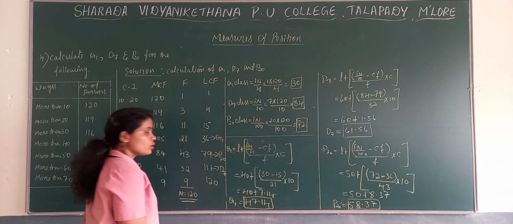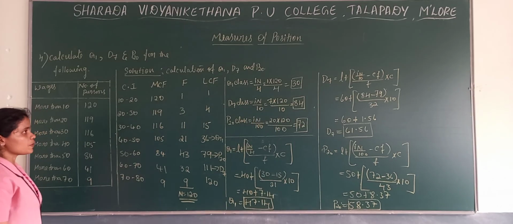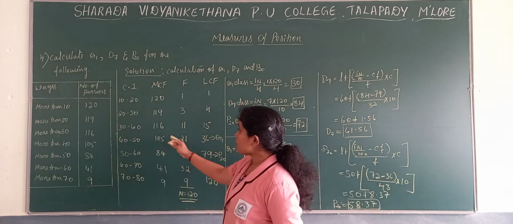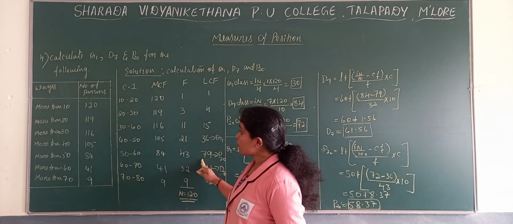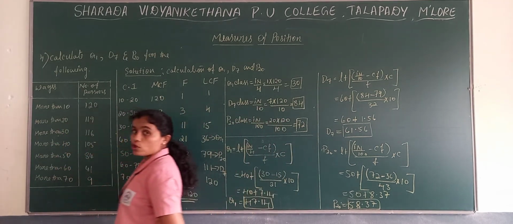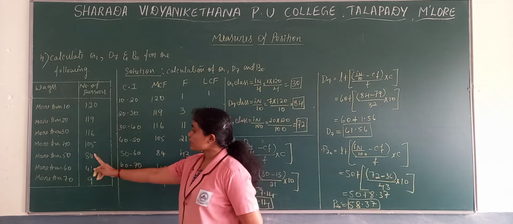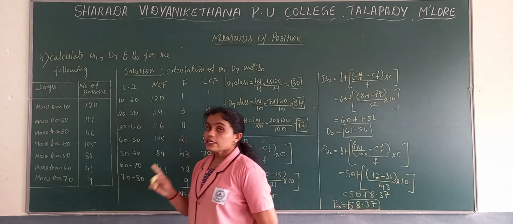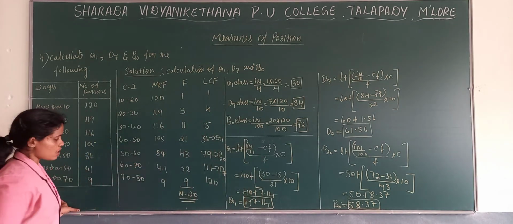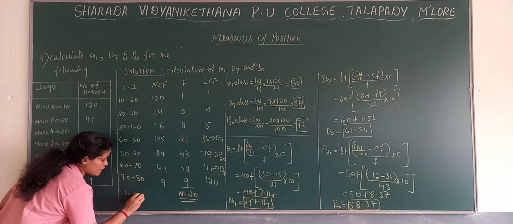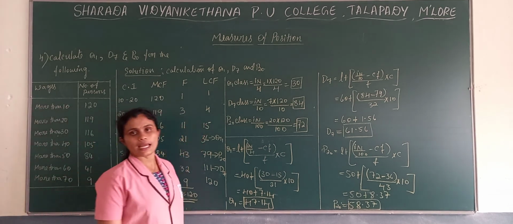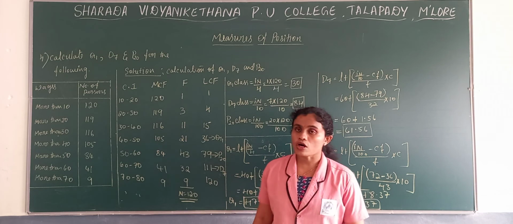So this is about quartile, decile and percentile. So when we get MCF, how to find out the values? You may get LCF, meaning less than or below. More than and above, we need to take as MCF. Then if your class intervals are inclusive, for example 22-29, you need to convert them into exclusive and then apply quartiles, deciles or percentiles.